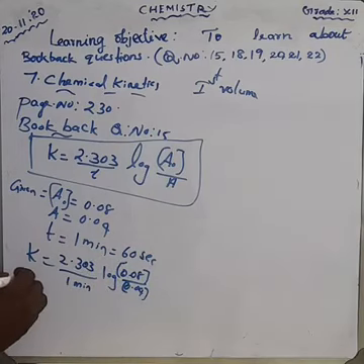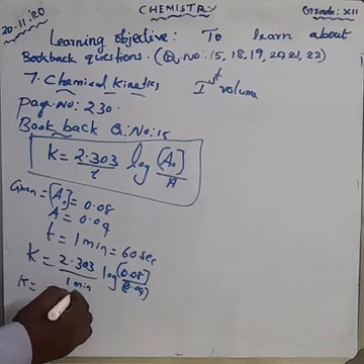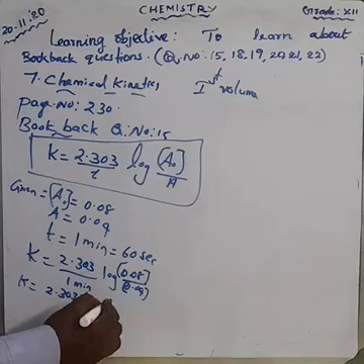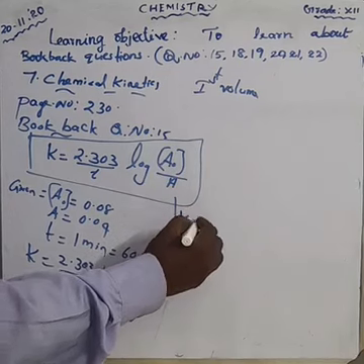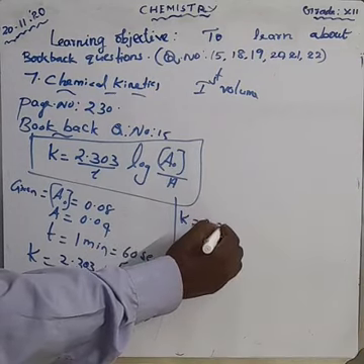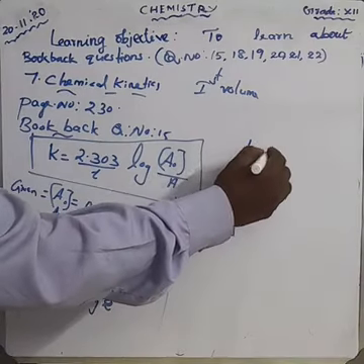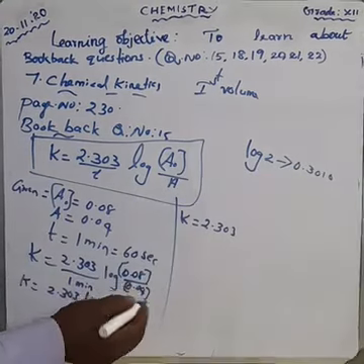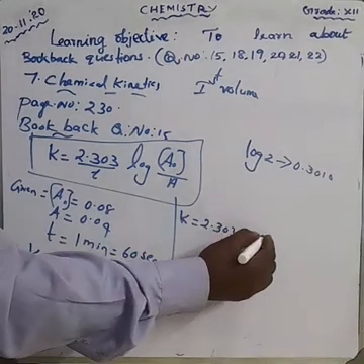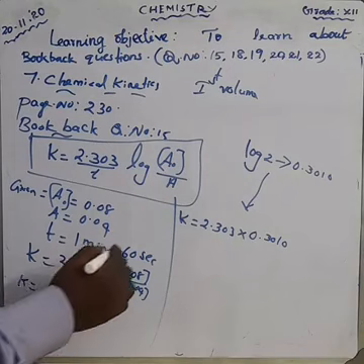So K is equal to 2.303 log 2. Clear? Log 2 is 0.3010, so multiply 2.303 by 0.3010.